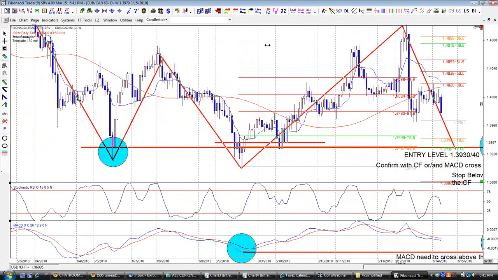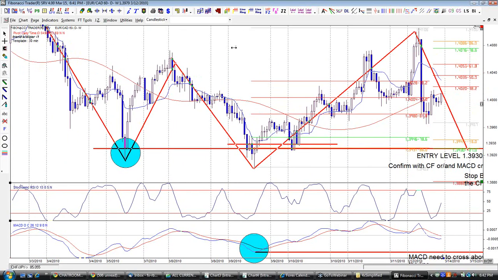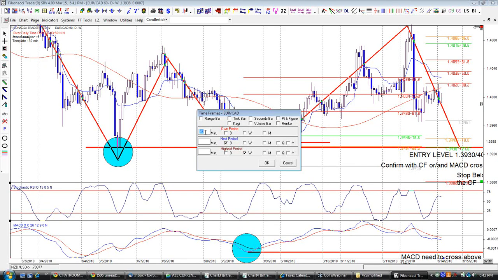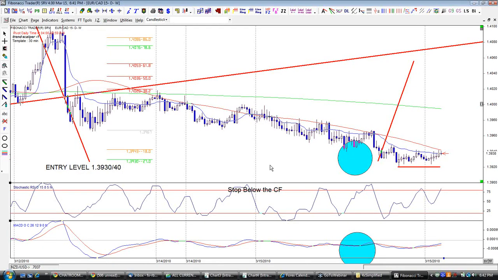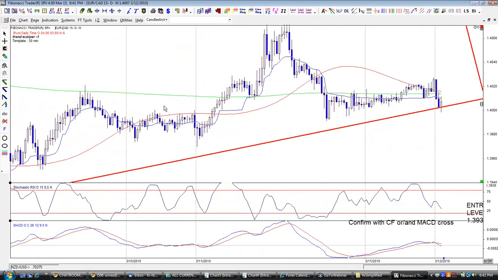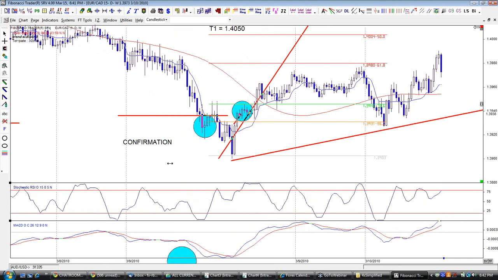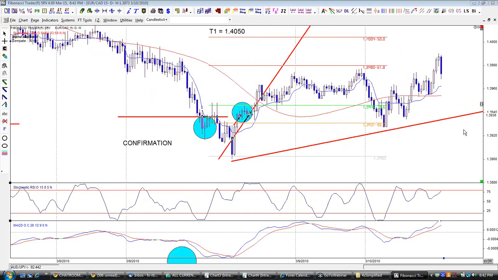My entry on this pair was based on 15 minutes. Because a few people have asked me how I entered and where, we had a bullish bat formation last week, and what we asked for was to have a bullish candlestick formation for confirmation.